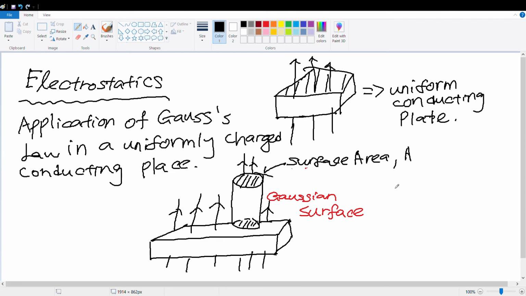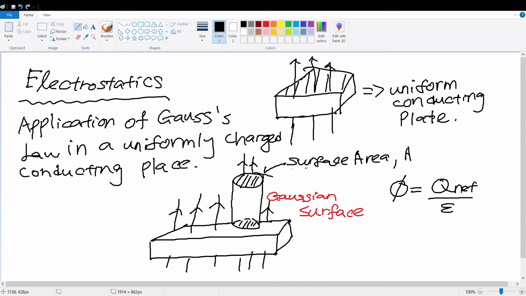Based on the definition of the Gaussian surface, the electric flux equals the total net charge exerted on this conductor divided by the permittivity of vacuum.